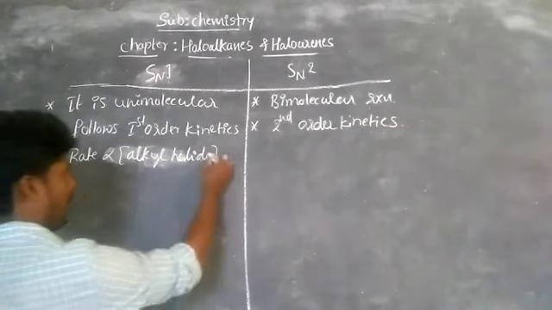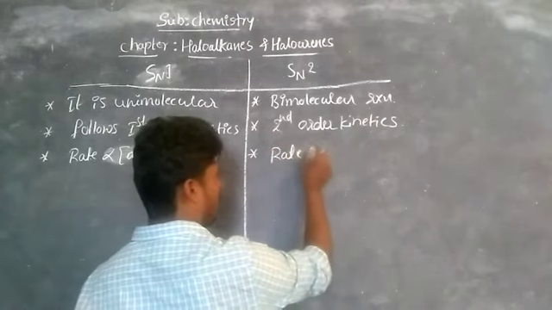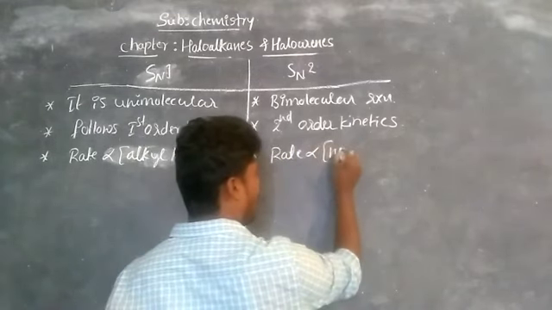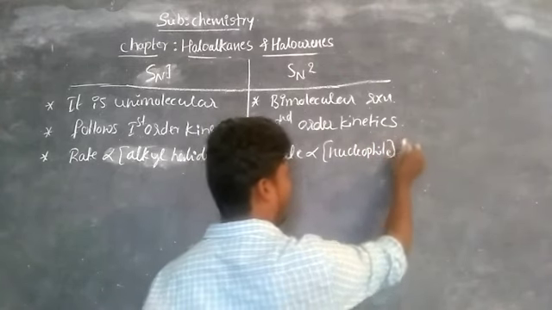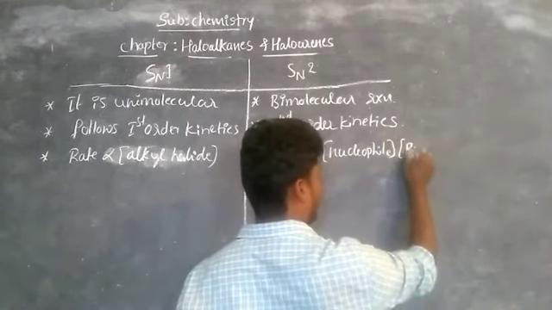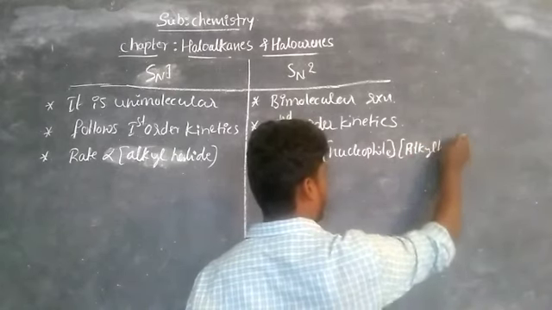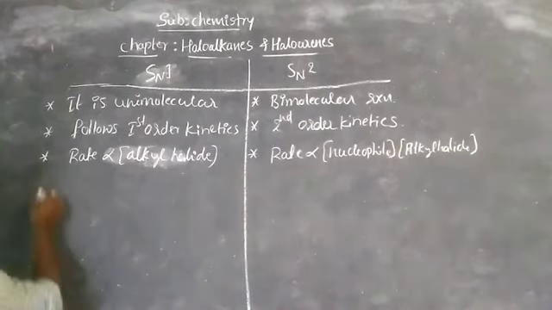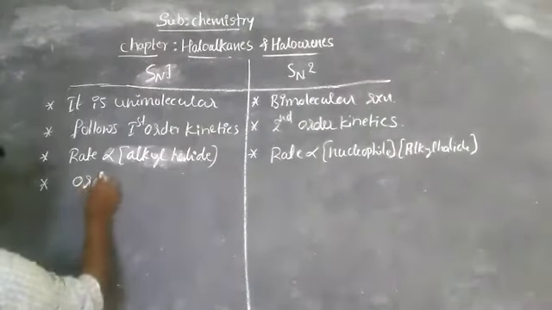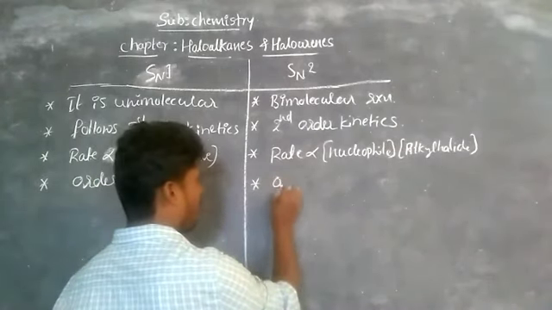Similarly, in SN2 the rate is directly proportional to the nucleophile and alkyl halide. Hence the order of reaction is 1 for SN1, and for SN2 the order of reaction is 2.